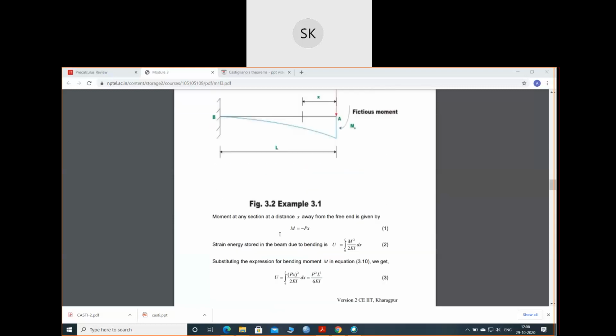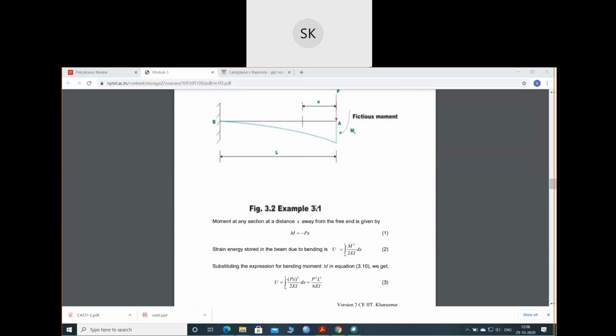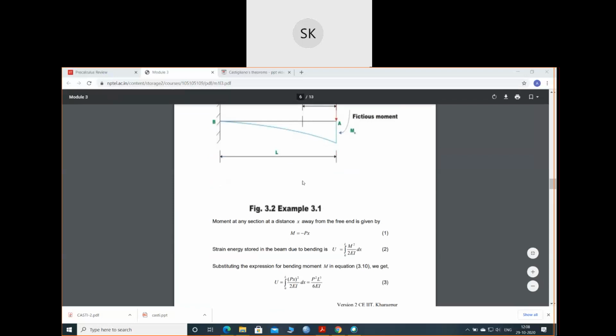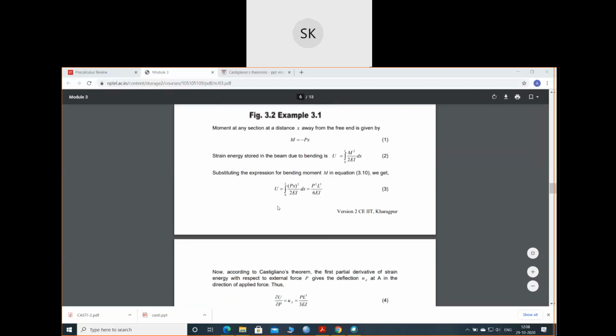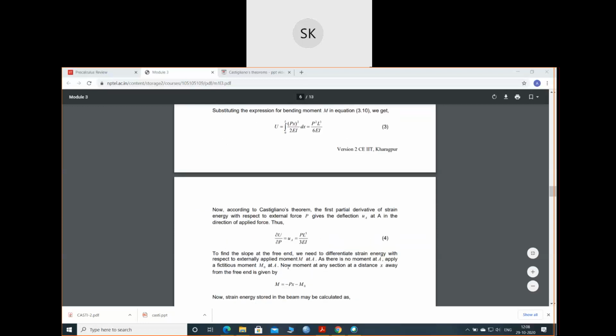In the first simple structure, we found the moment equation for that beam at some location. Then we replaced that moment equation in the strain energy equation. Then we differentiated that strain energy equation with respect to P. We got the deflection. Then to find the slope, we need a moment at the free end.